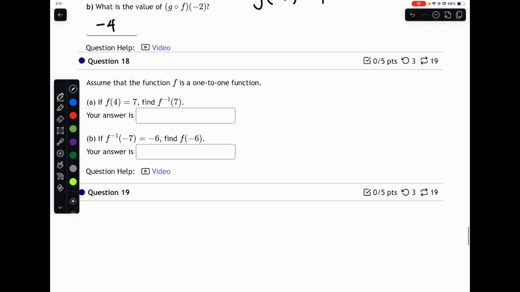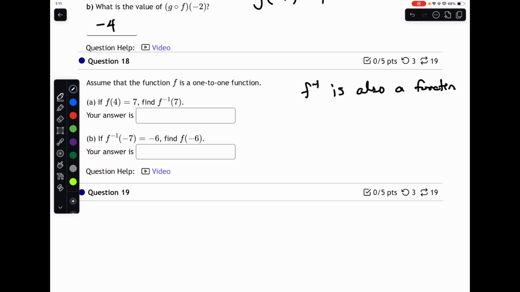Now moving on to number 18, we're going to assume here that the function f is a one-to-one function. So f of 4 equals 7, and we want to find the value of the inverse of f at 7. Well, because it's a one-to-one function, that means that the inverse, f inverse, is also a function.